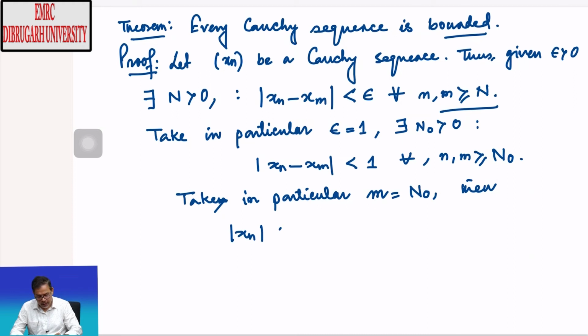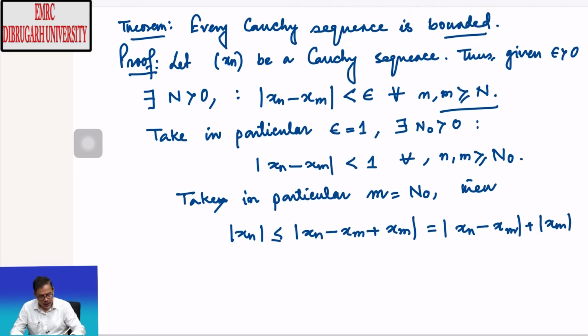Mod of x_n is less than x_n minus x_m plus x_m, the first term is less than 1, and the second one is less than or equal to x_{n_0}, and this is true for all n greater than or equal to n_0.